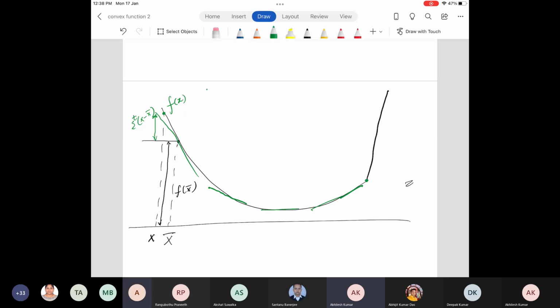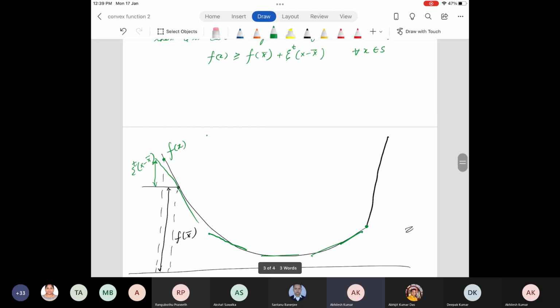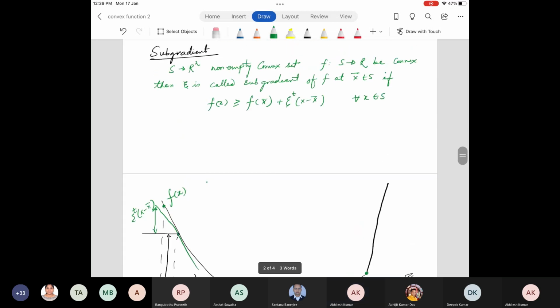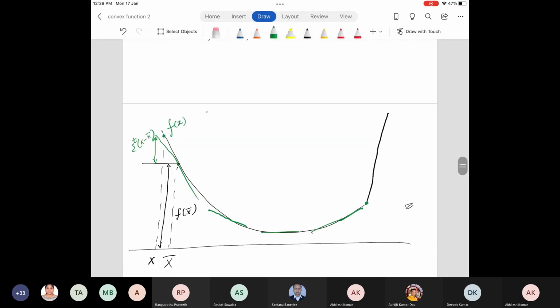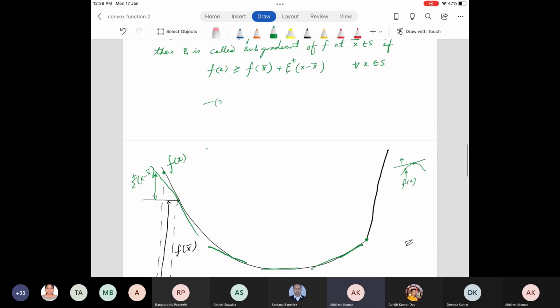Any questions about what this definition is trying to explain to you? Similarly, for concave, whenever you draw this type of subgradient, it will always be higher than the value of f(x) at that point. So it becomes f(x) less than or equal to f(x bar) plus eta transpose (x minus x bar) for concave.